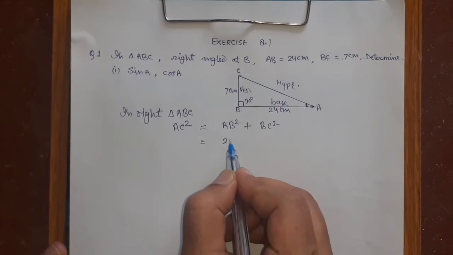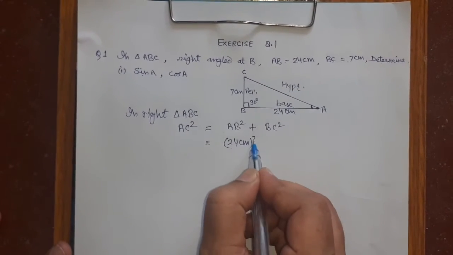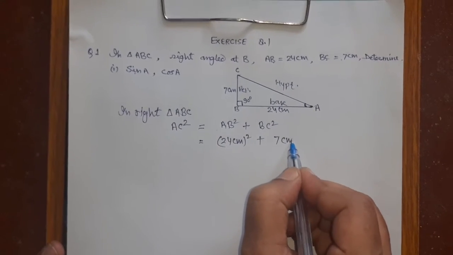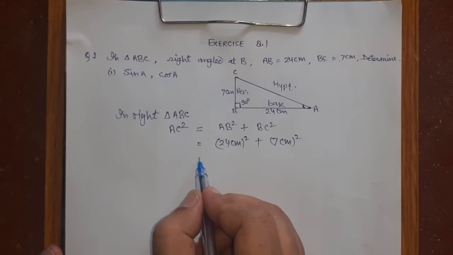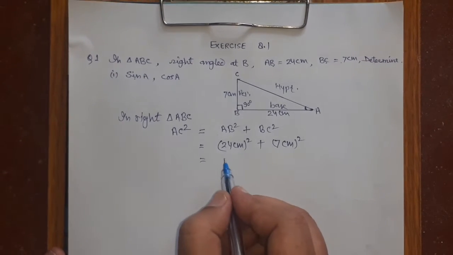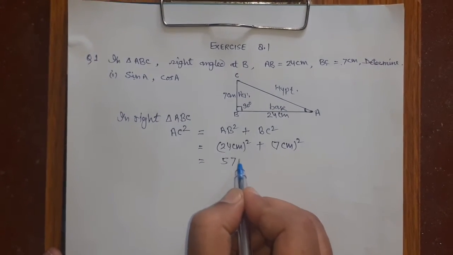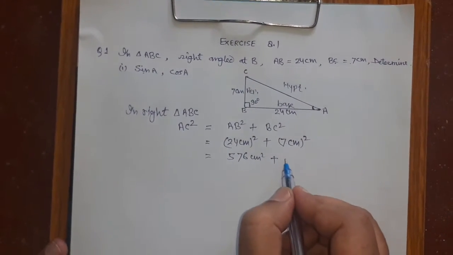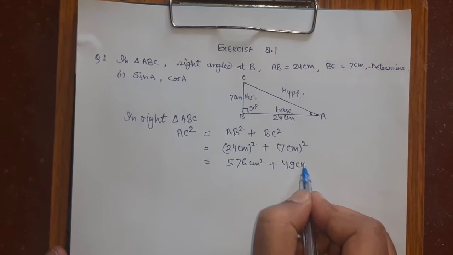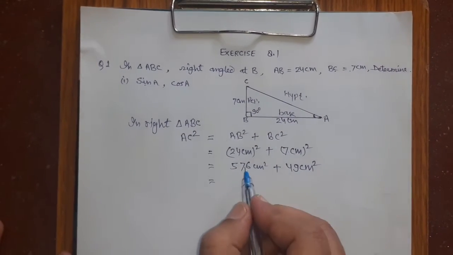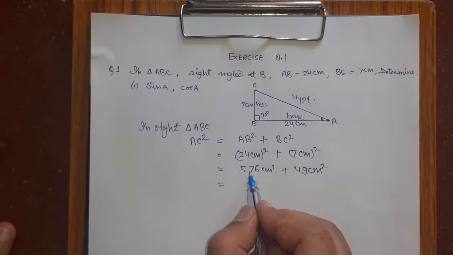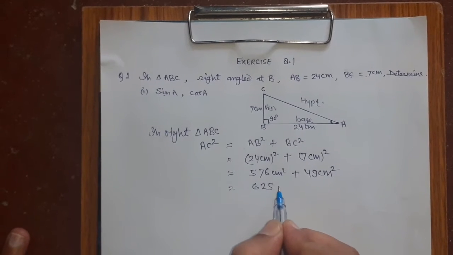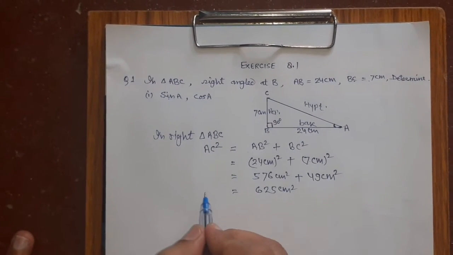AB square is 24 centimeter whole square plus BC square 7 centimeter whole square. 24 whole square is 576 centimeter square. 7 centimeter whole square is 49 centimeter square. Now we add 576 and 49, we got 625 centimeter square.